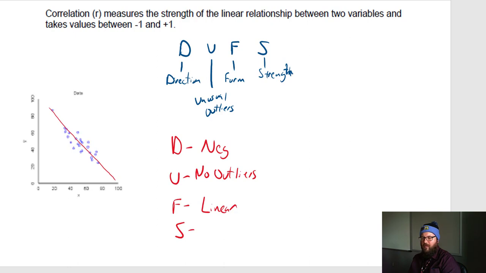I say these are pretty close to the line for the most part. You would be accurate in saying moderately strong, or you could say strong. I'm going to say moderately strong just because they're kind of scattered. They're not actually all touching the line. So I'm going to say moderately strong.